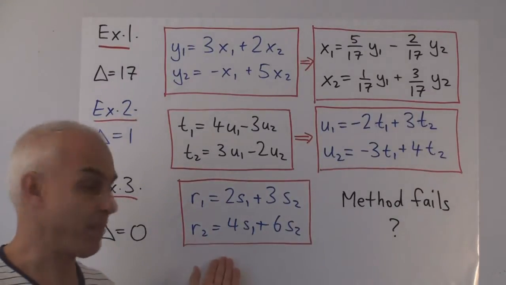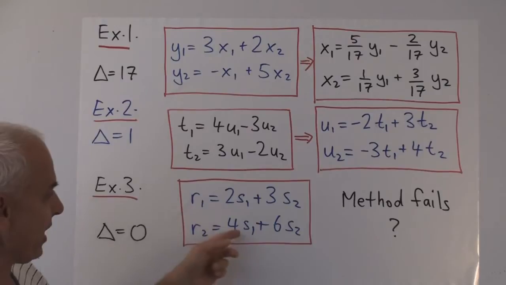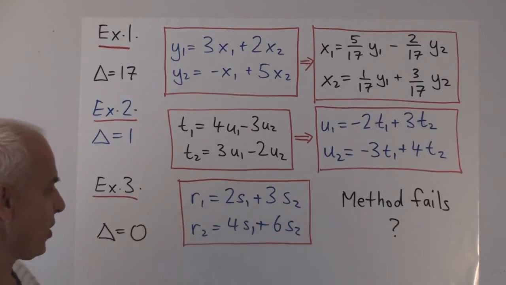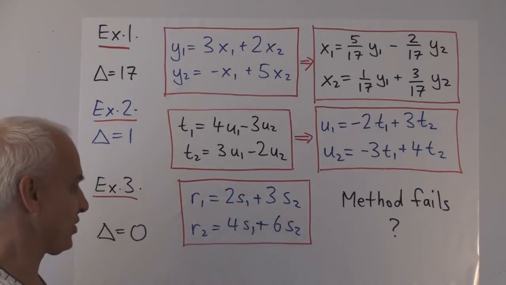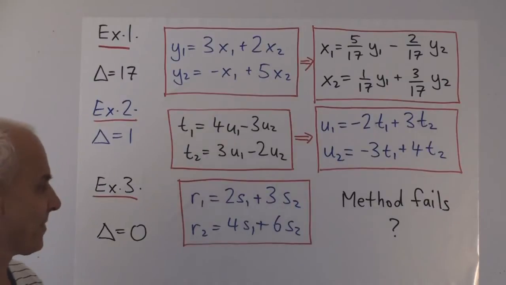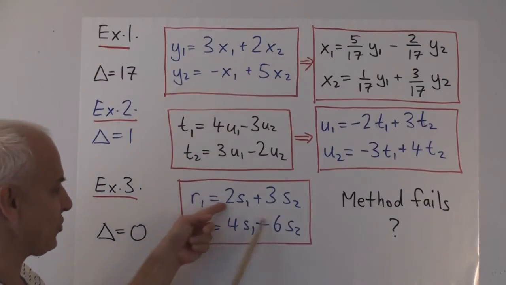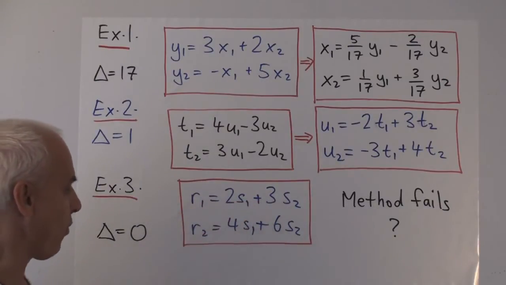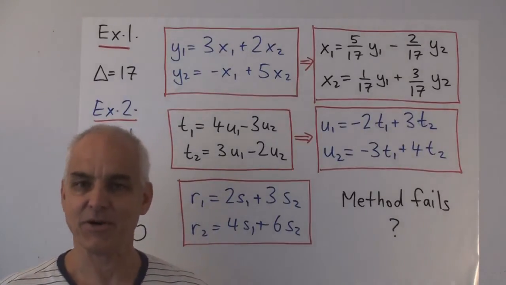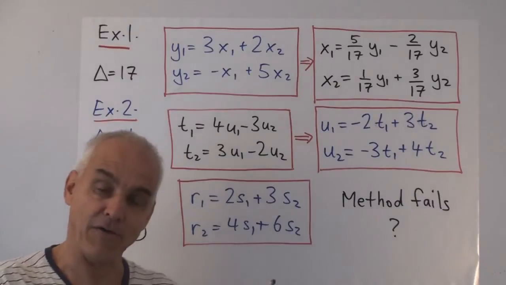And for our third example, we have r1 and r2 expressed in terms of s1 and s2. R1 is 2s1 plus 3s2, and R2 is 4s1 plus 6s2. The determinant in this case is 2 times 6 minus 3 times 4. That's equal to 0. Well, determinant 0 corresponds to an area of 0.